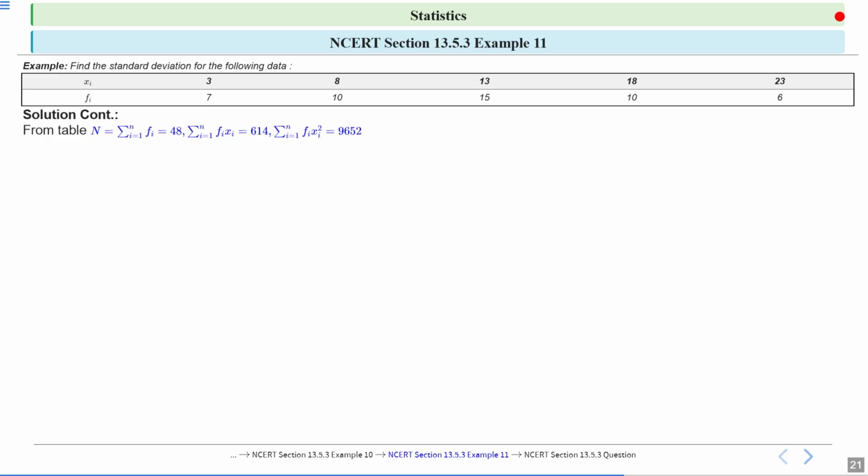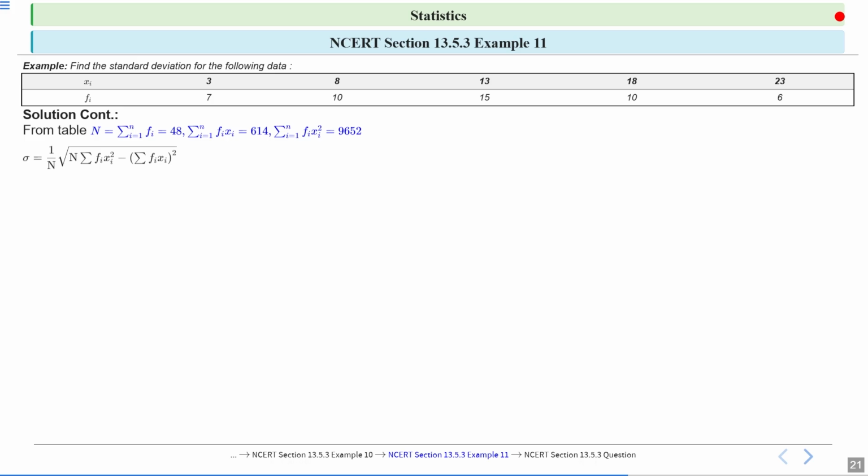From the table, we have n equal to the sum of fi, which is 48, the sum of fi xi is 614, and the sum of fi times xi squared is 9652. So now we will use these values to calculate standard deviation.